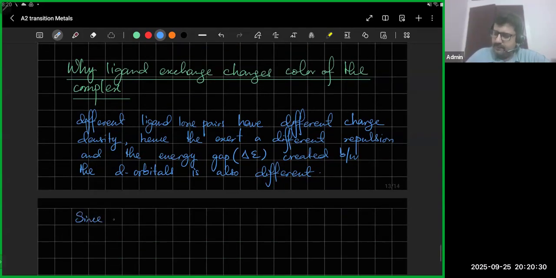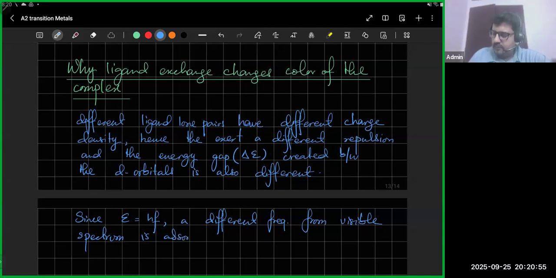Since E is equal to hf, or energy is proportional to frequency, a different frequency from the visible spectrum is absorbed. So a different frequency is going to be absorbed, and hence a different complementary color is seen.